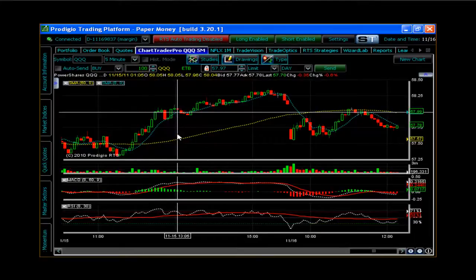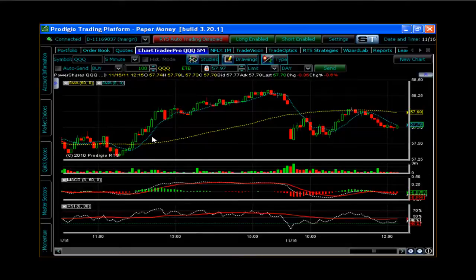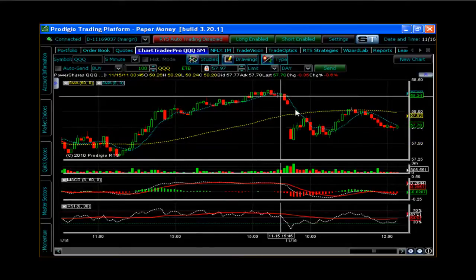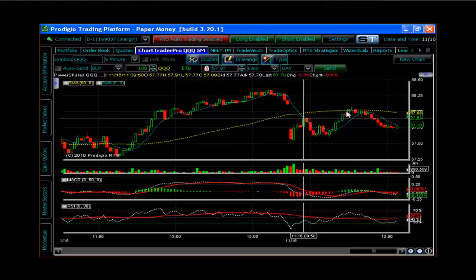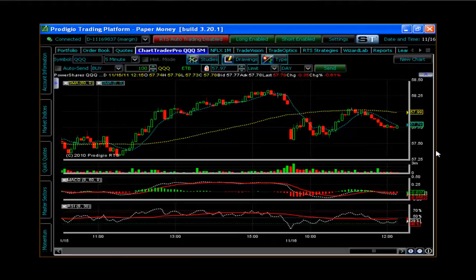Quite simply, look at the distance between the blue line and the yellow line. That gets fat, it crosses back against itself, and it gets thin. And that is relevant information. It gives you an idea of the relationship of those two moving averages, and that can be measured.